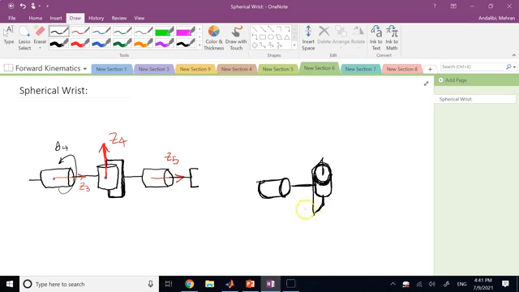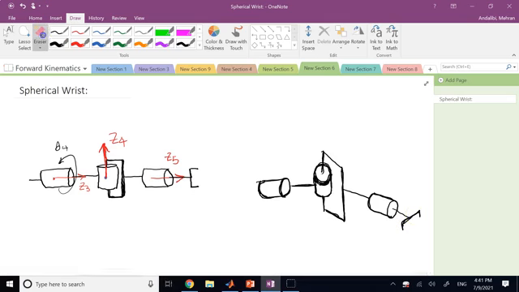So this one does not have to be like that. This one can also rotate, and if it does rotate, then you will see basically something like this. And now attached to this, you have the next one. And then with respect to this, the end effector can also rotate, so it doesn't need to be like that. It can be a little bit twisted like this.